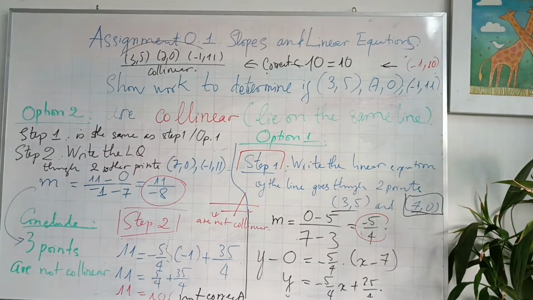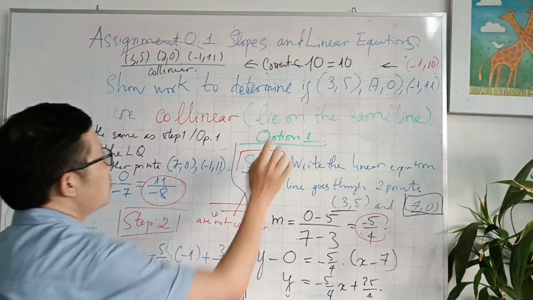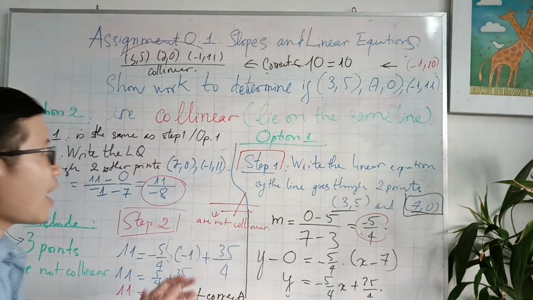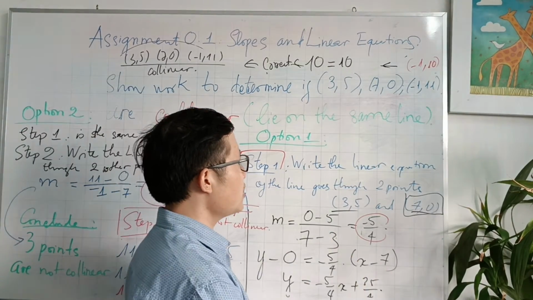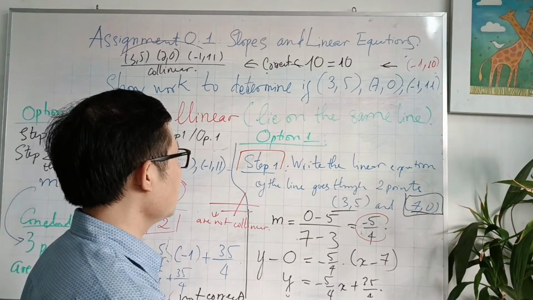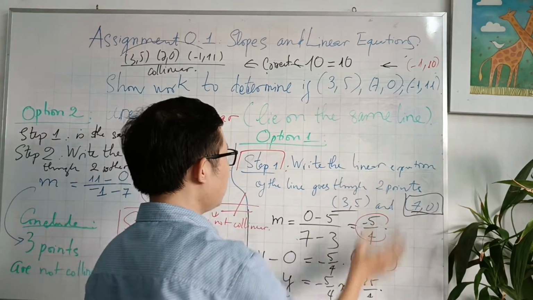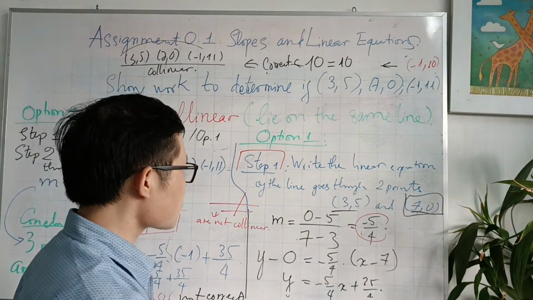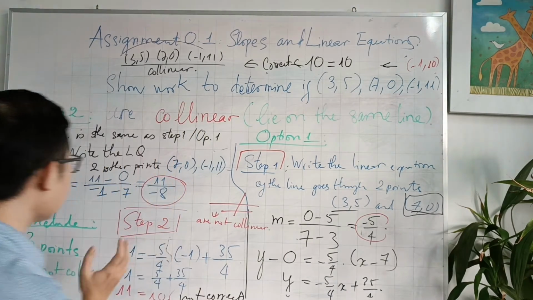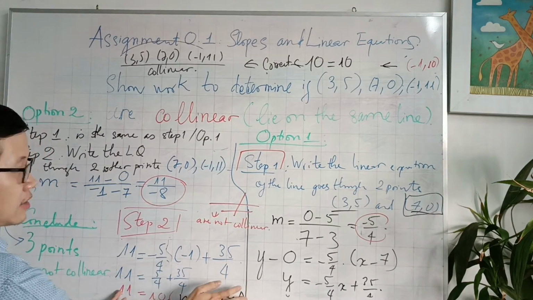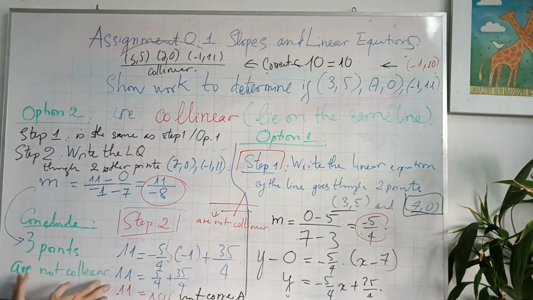I want to say again, when you check whether 3 points are collinear or not, you must write the linear equation through 2 points, and then you substitute the last point into the linear equation. If it is satisfied, they are collinear, and if it is not satisfied, as in our question here, they are not collinear.